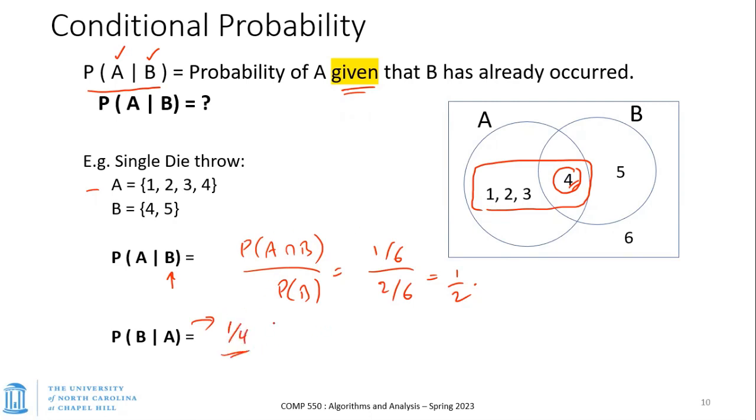All right. And how did we get that? Well, again, we use the equation that the gentleman gave earlier, that we look at the intersection of A and B divided by not the probability of B this time, but the probability of A. Okay, so the intersection divided by the probability of A. Okay, so far so good.